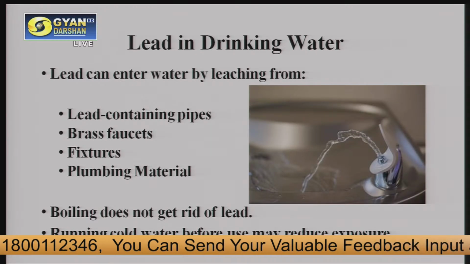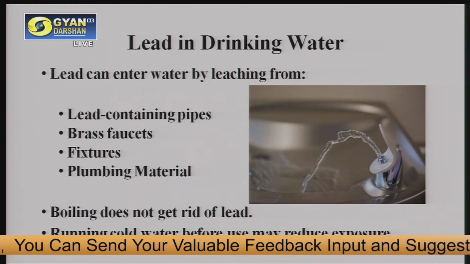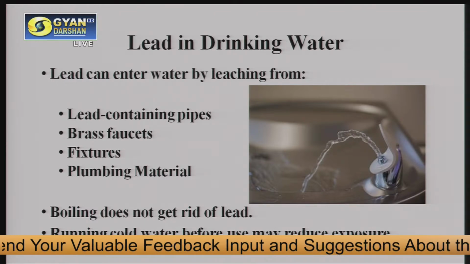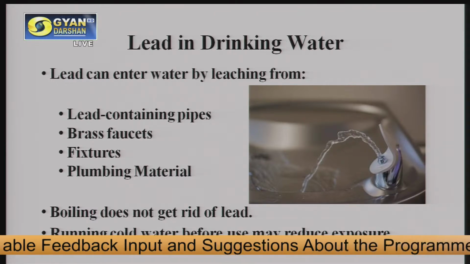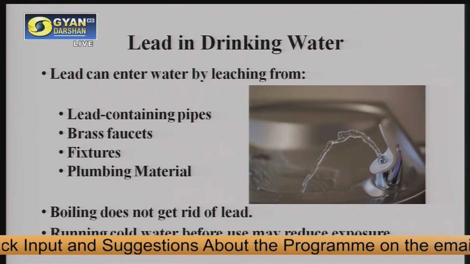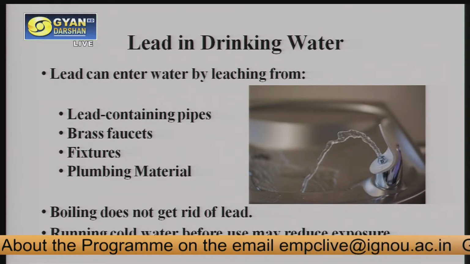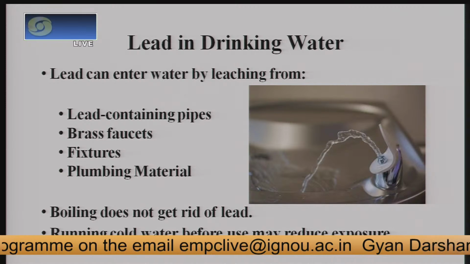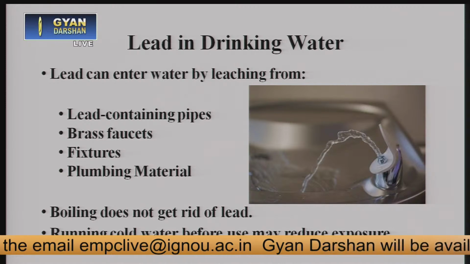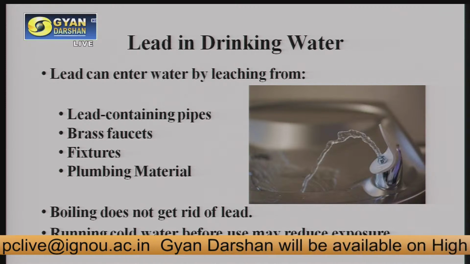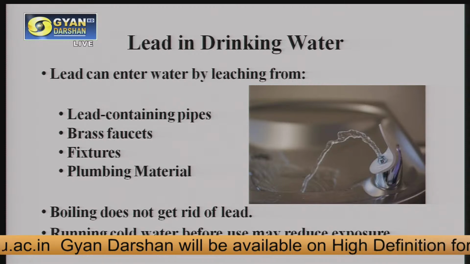So lead in drinking water was a major problem, and the United States has been battling with this problem for a very long period, and they have brought regulations to control the lead in the drinking water. So where is this lead coming from? It can come from the lead-containing pipes, the brass faucets, the fixtures, and the plumbing material that is used.